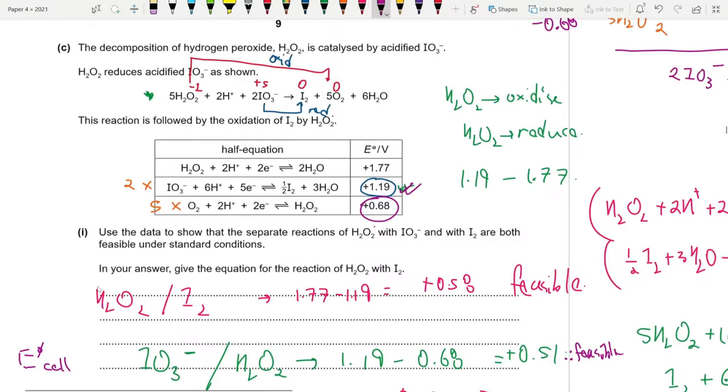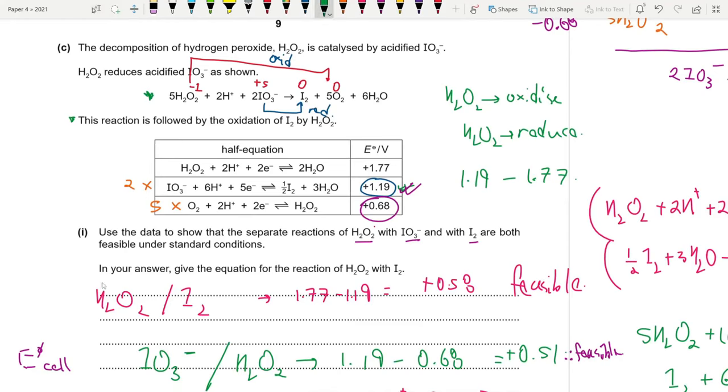Now, use the data to show the separate reactions between hydrogen peroxide and iodate and with iodine are both feasible under standard conditions. Now they want us to show that the second reaction is also feasible. Which one? This reaction is followed by the oxidation of iodine by H2O2. So now let's see whether iodine can be oxidized by using H2O2.